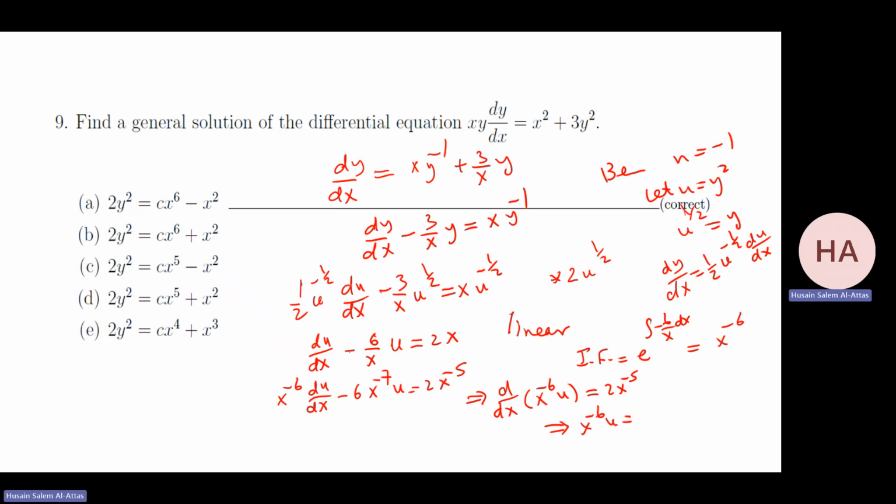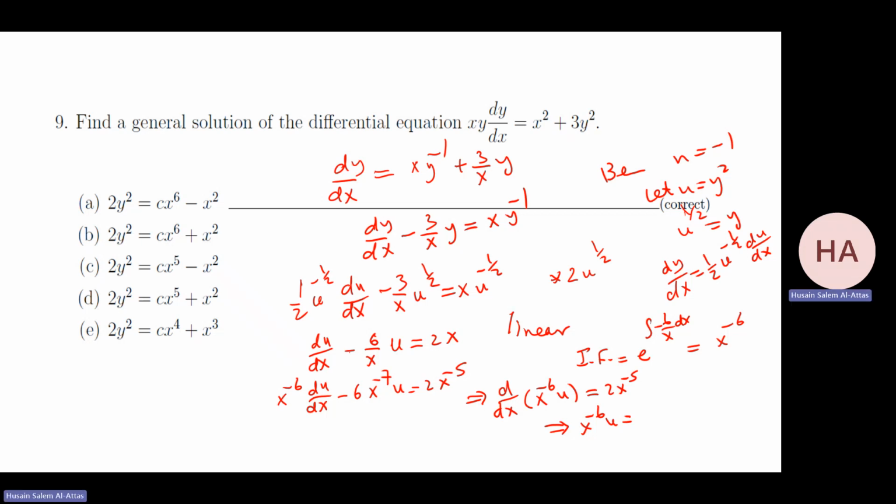What's the integral of this one? You add 1. Is there a mistake somewhere? Okay, yeah, let me continue, see what will happen. I have what? You add 1, minus 4.